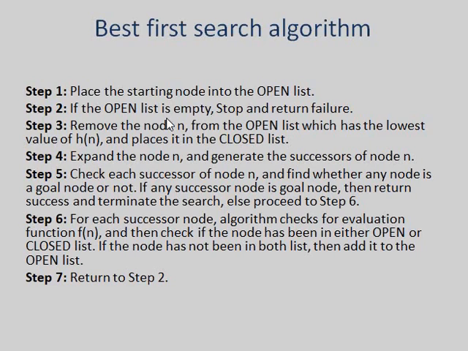Then we are adding one node to that open list, and then we are finding the successors of that node, and checking whether the successors are the node that we are actually looking for. If not, then we are again checking the heuristic value of that node, and we are adding the node which has the lower heuristic value to the closed list. We have to do this until we reach the last node or our destination node.